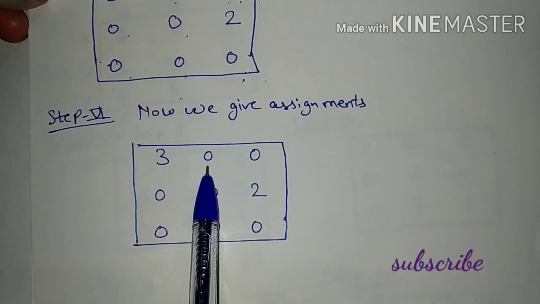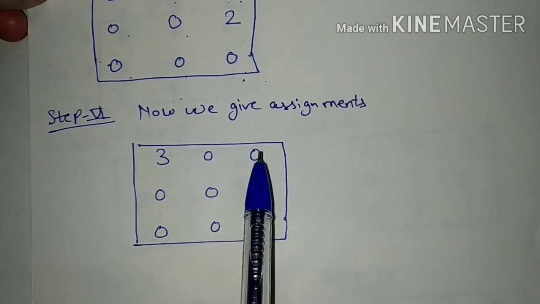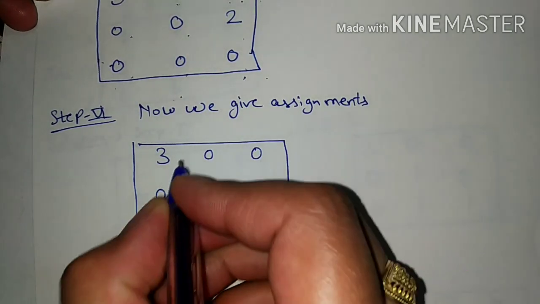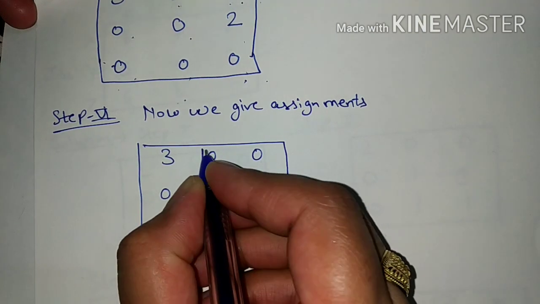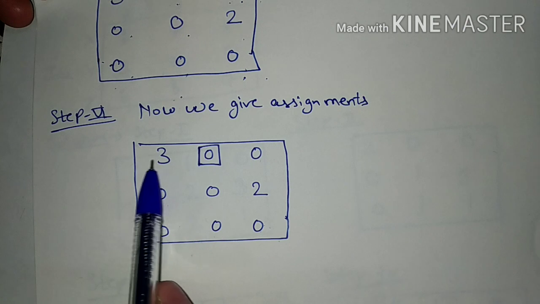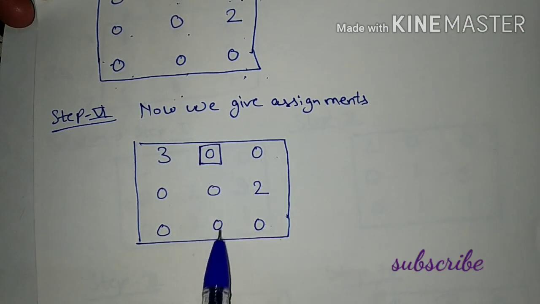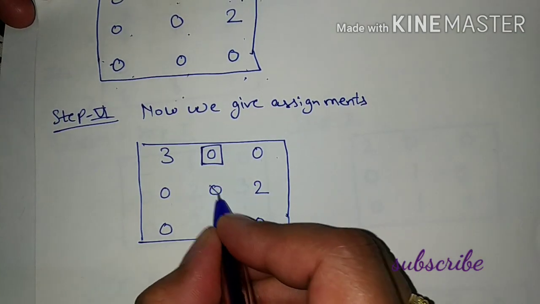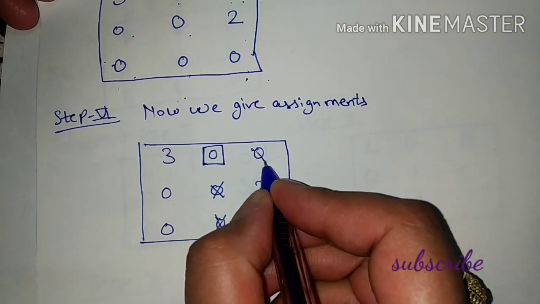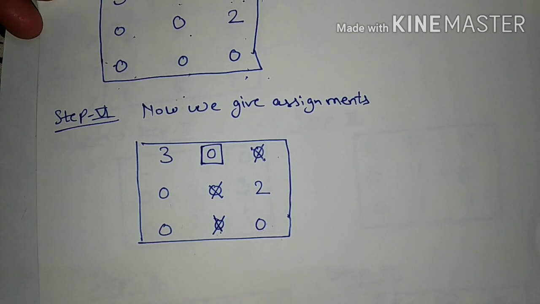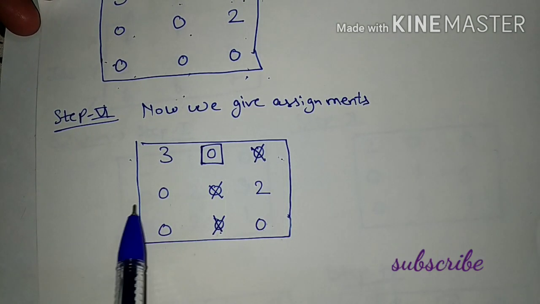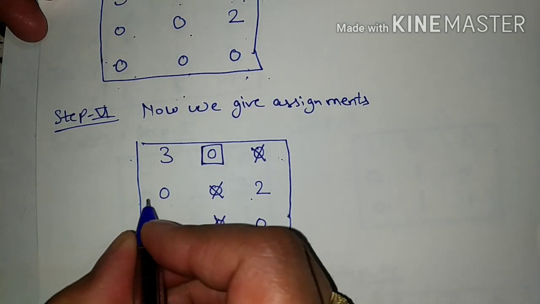Here row 1 has 2 zeros. To create an assignment, we can choose anyone. In row 1 make the square around it. If there is any 0 in that row and in that column, then cross over it. In column there are 2 zeros and in row there is 1 zero. Again start row 1. There is no 0 in row 1. In row 2 there is only 1 zero.